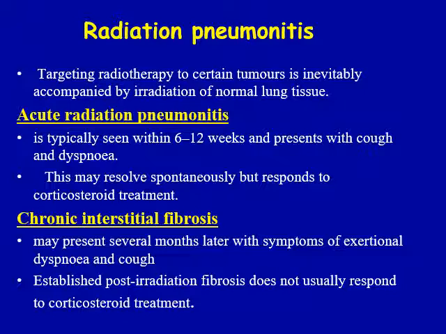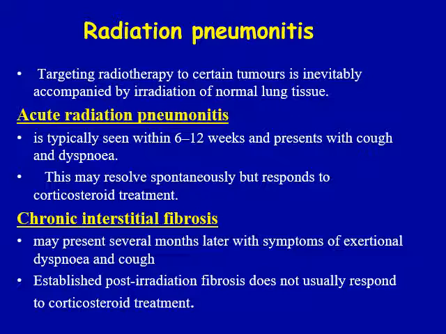We come to the other disease of the interstitial lung diseases, which is called radiation pneumonitis. Targeting radiotherapy to a certain tumor or malignancy is inevitably accompanied by radiation of the normal lung tissue, and this results in radiation pneumonitis. There are two types of radiation pneumonitis: acute and chronic.